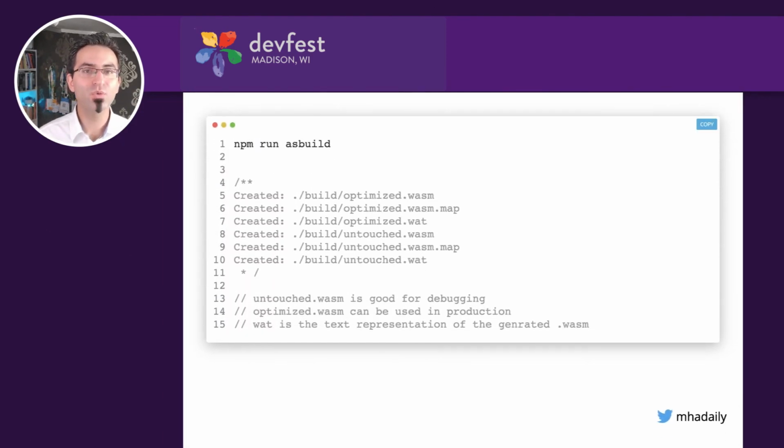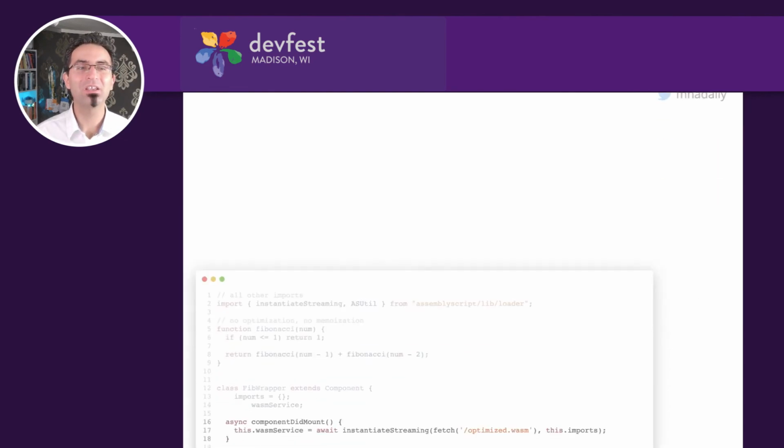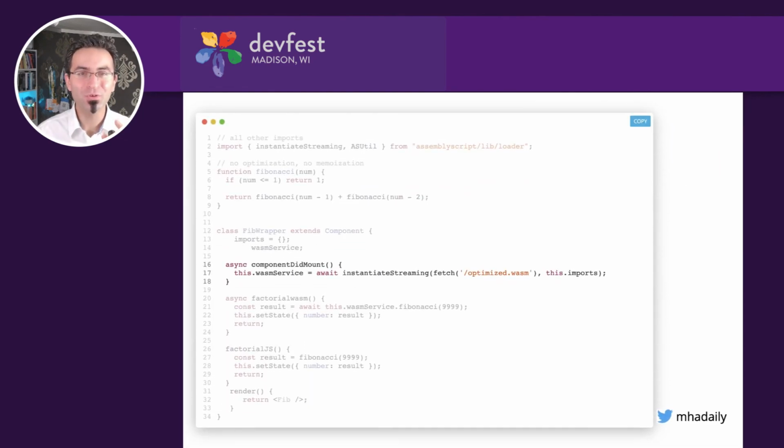But once you write your AssemblyScript and it's done, you can simply run a command and build your WASM file. And the more interesting thing here is using this WASM file.